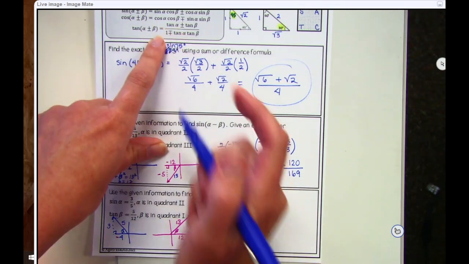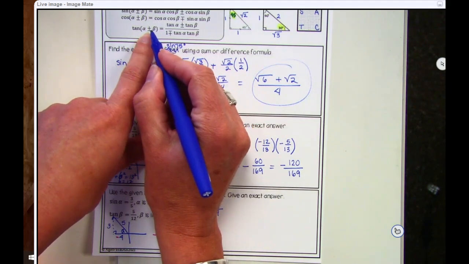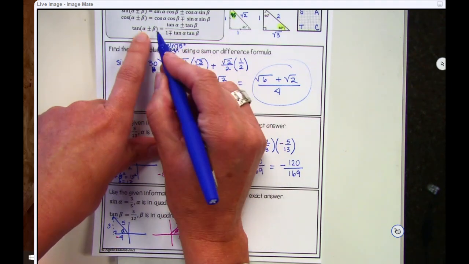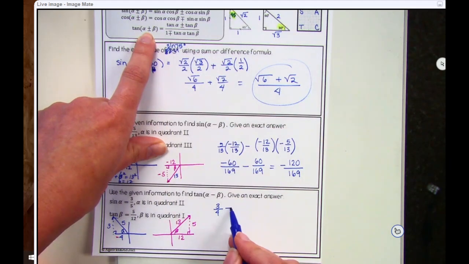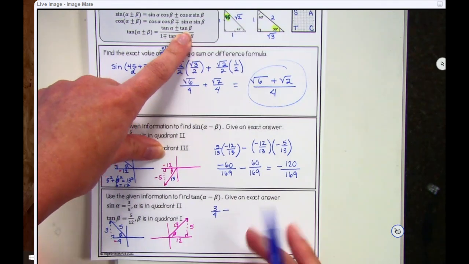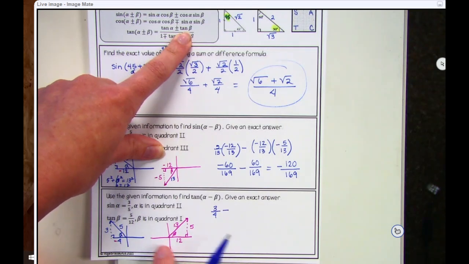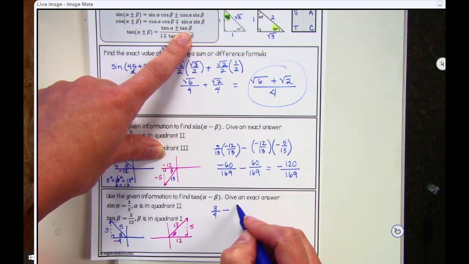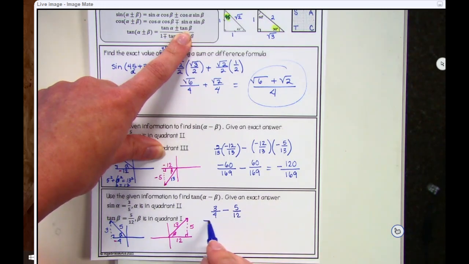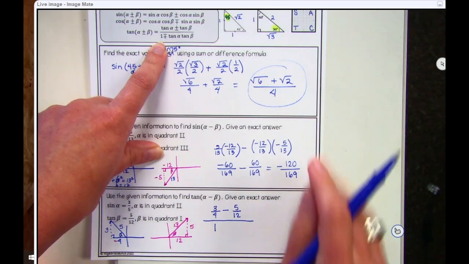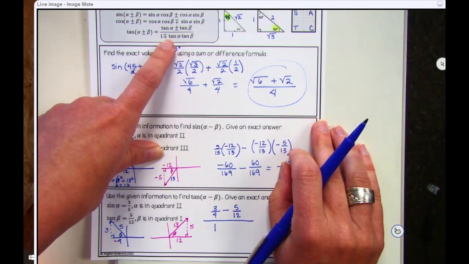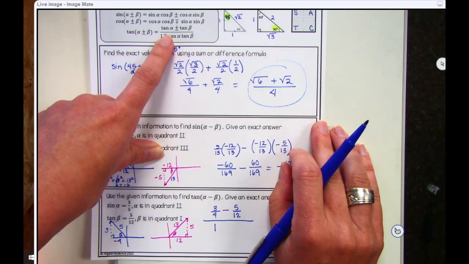So we're subtracting, which means subtract is the bottom sign, so we'll use the bottom sign. And it says tangent of beta. Tangent of beta is 5 over 12, all over 1.